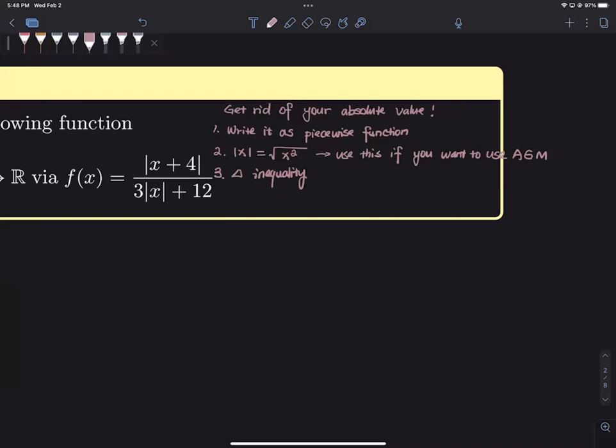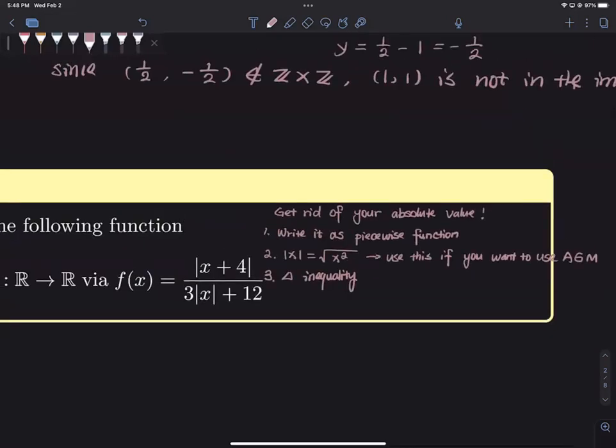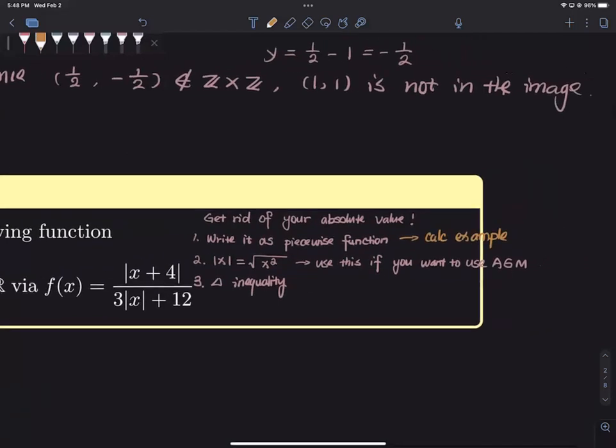If you see absolute value in your integral, something like this. Calculus example for the first one. What do I want? What do I want, guys? Displacement function. Find displacement.